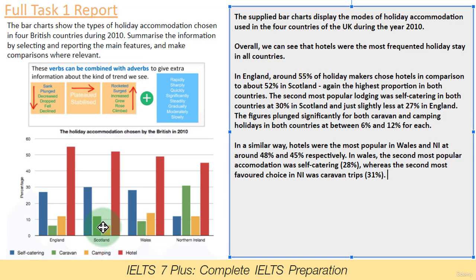that in Wales and Northern Ireland, caravan and camping, or I could maybe just say in Wales, caravan and camping were the least popular, and in Northern Ireland, these two were the least popular. Kind of just speeding up a little bit because I need to be careful on time.